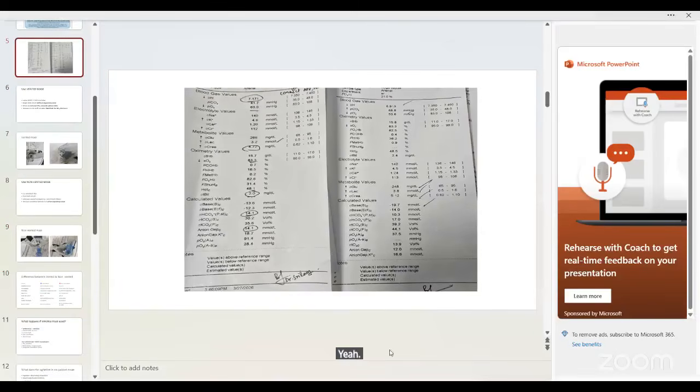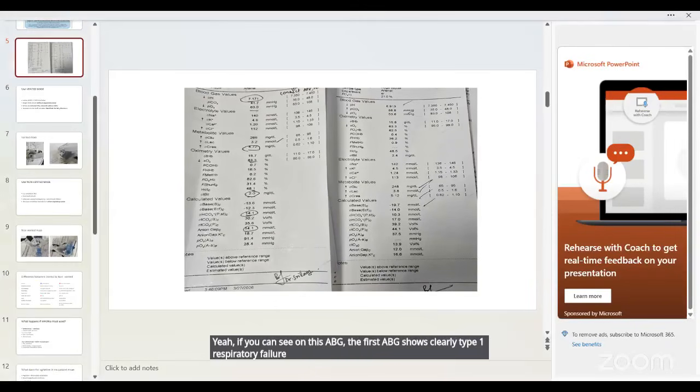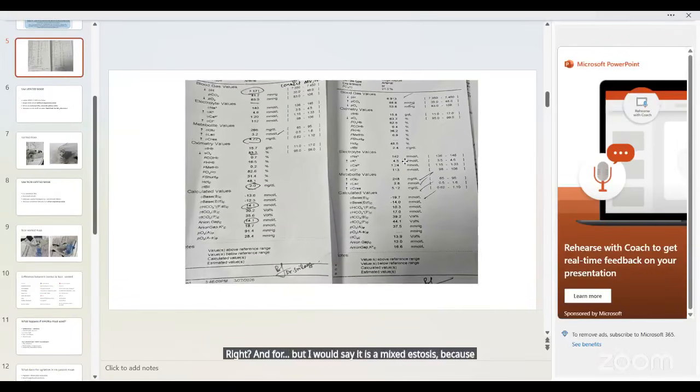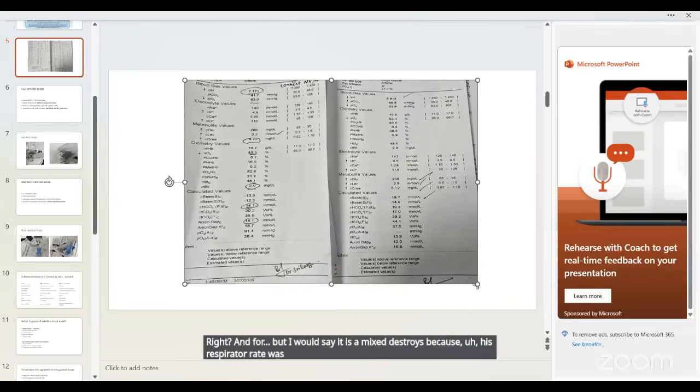If you can see on this ABG, the first ABG shows clearly type 1 respiratory failure, metabolic acidosis, right? But I would say it is a mixed acidosis, because his respiratory rate was 35, if I'm not wrong.